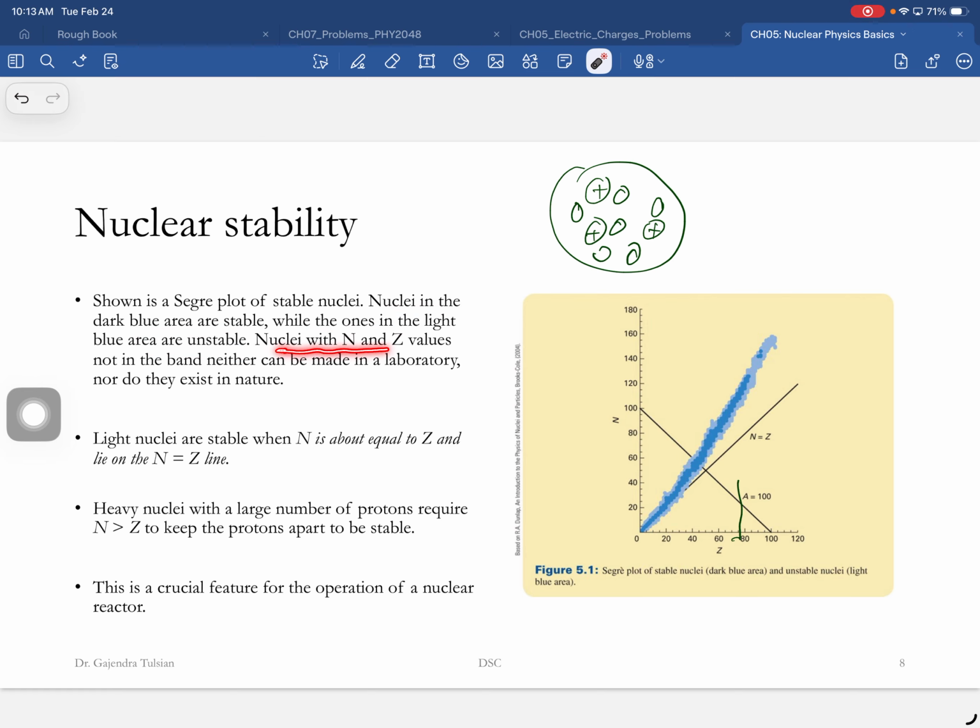Nuclei with N and Z that are not in the band can neither be made in a laboratory nor do they exist in nature. So you can't make a nucleus like that. Heavy nuclei with a large number of protons require N greater than Z to keep the protons apart to be stable.